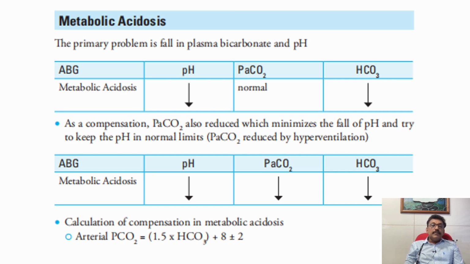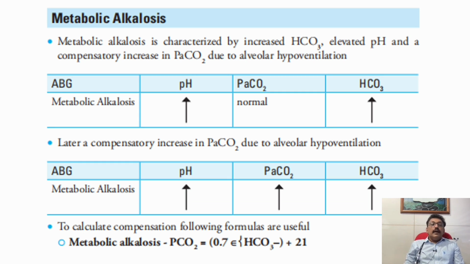This compensation can be calculated from the bicarbonate level itself. So the expected PaCO2 can be calculated by 1.5 times bicarbonate plus 8, plus or minus 2. That will give the carbon dioxide level from the bicarbonate. In metabolic alkalosis, you can see pH is elevated, bicarbonate is elevated.